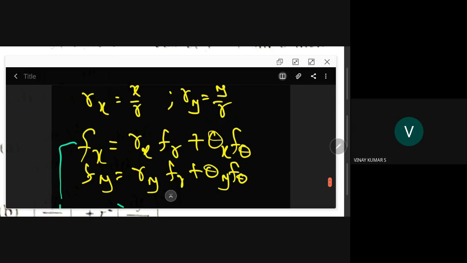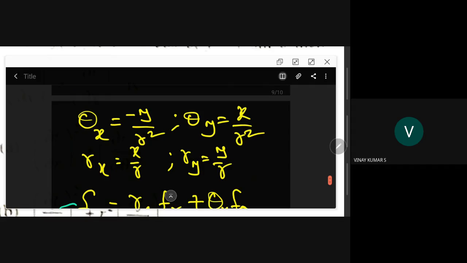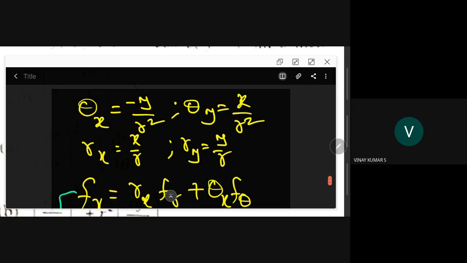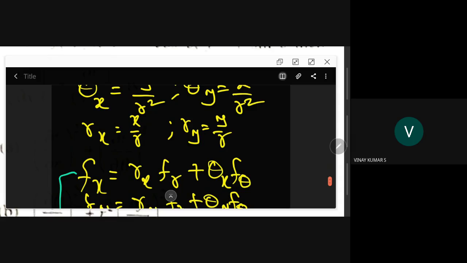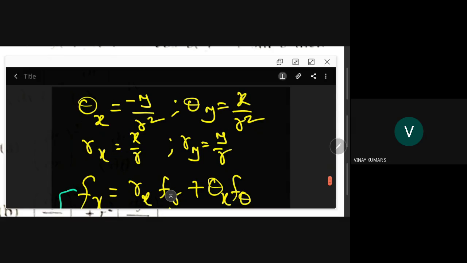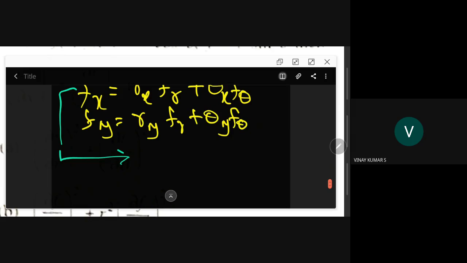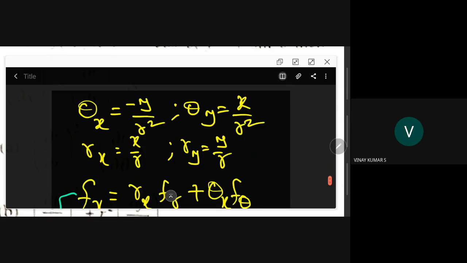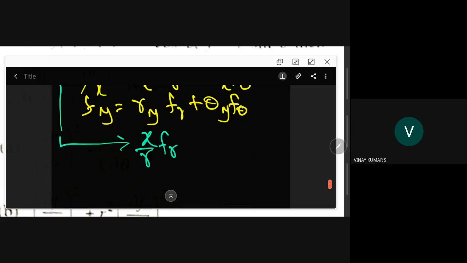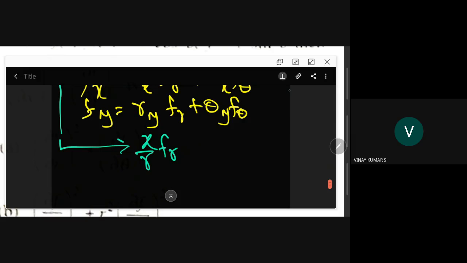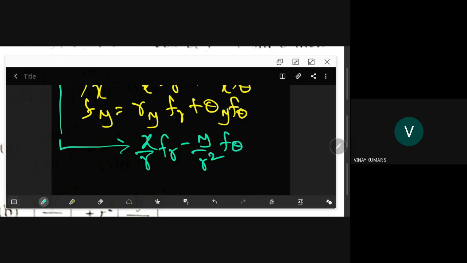Fx becomes Rx fr, so Rx is x by r, right? x by r fr, and theta x is minus y by r square f theta.